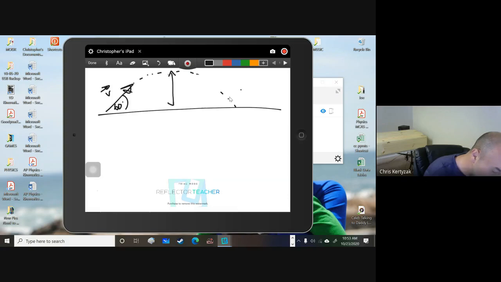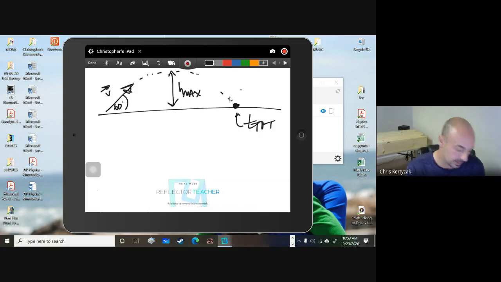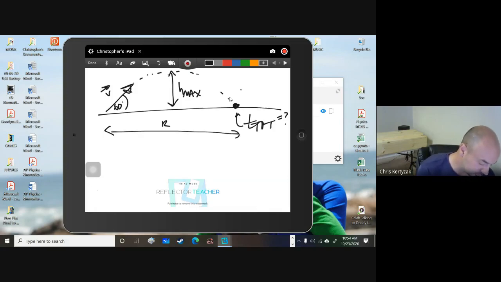What is the maximum height? What is the total time? Sometimes we just write T with a TOT underneath for the total time to reach that spot. There's total time in the air, total flight time. And then the range, a horizontal distance to where it lands. All right, and then again, the launch speed was 20 meters per second.